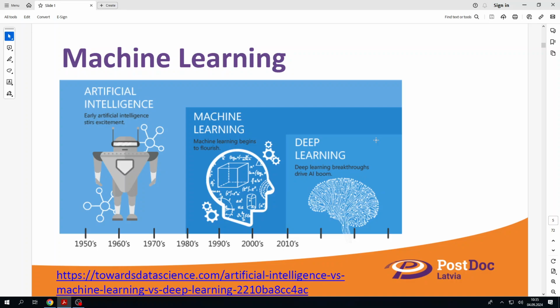Then another, smaller subfield of machine learning is deep learning. It relies on a very specific type of algorithm called neural networks, particularly neural networks having a lot of layers. It was inspired by nature. We took as an example our brain, which has a lot of neurons and a lot of complicated interconnections between them.